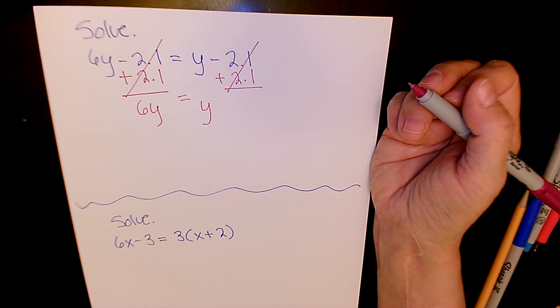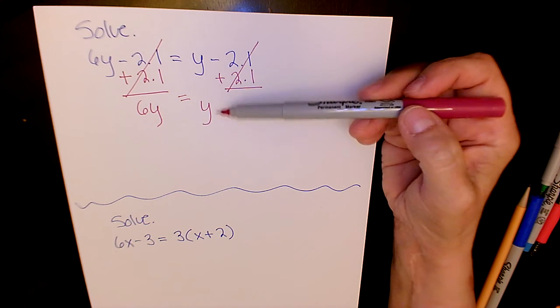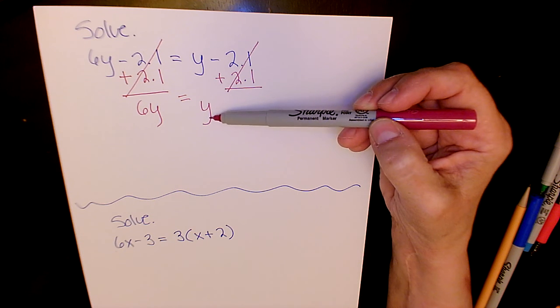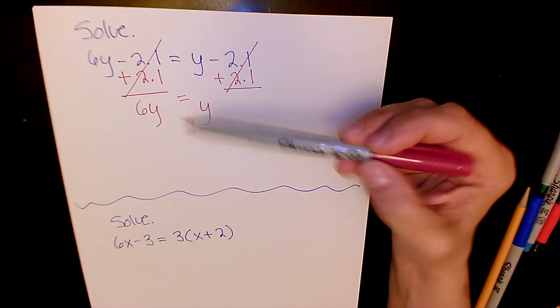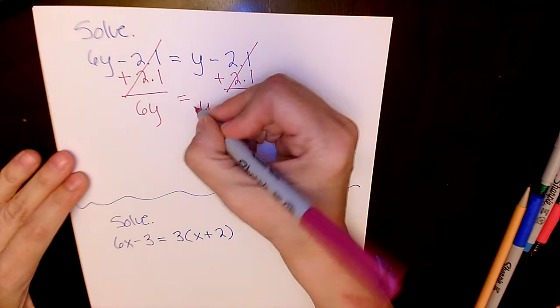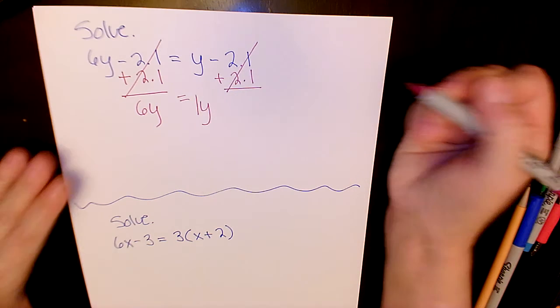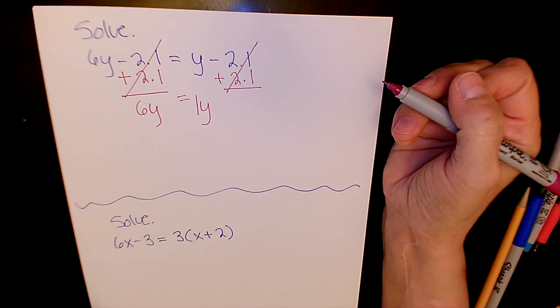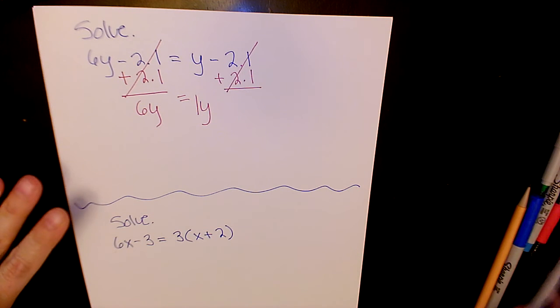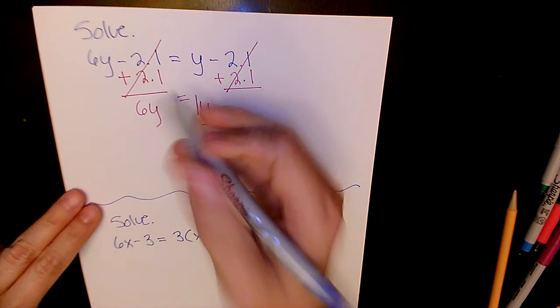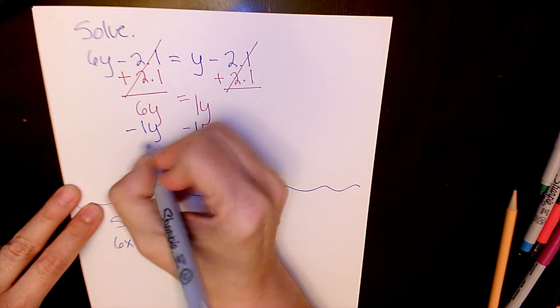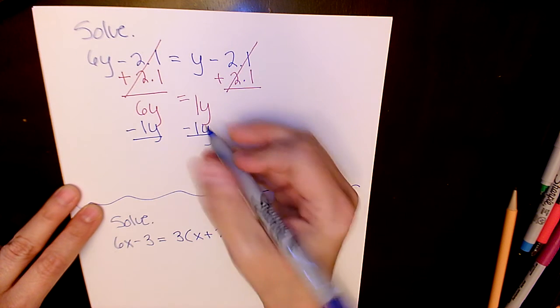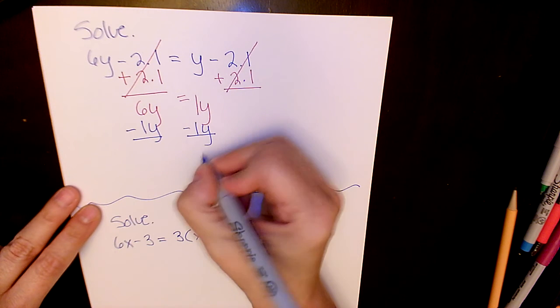Now you might be a bit confused, but we can still do the problem. So remember, we're going to do another step 2, get our y's or our variables all on one side. And remember, if you need to put a 1y here, you can. You don't have to if you don't want to. So I'm going to subtract 1y from both sides. Okay, and 1y minus 1y is 0.